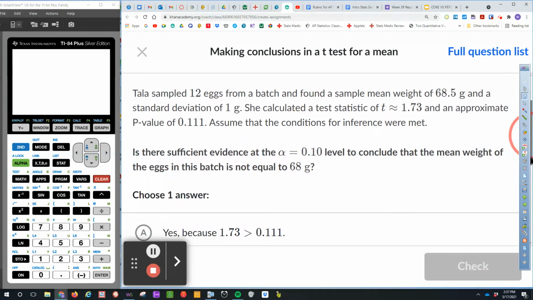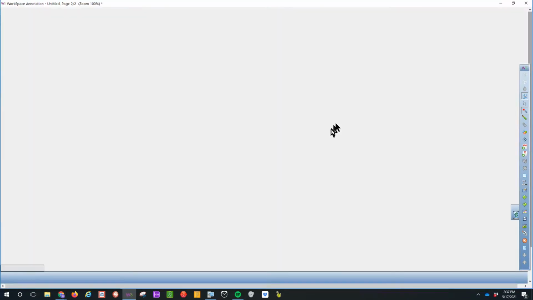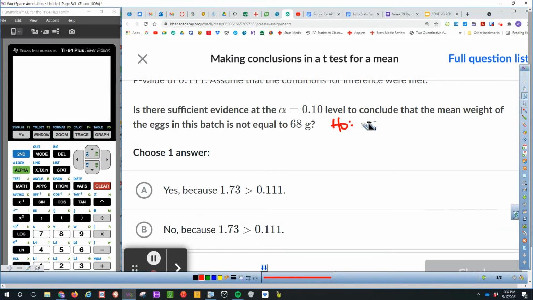So is there sufficient evidence? Here, again, the H naught is that the mean equals 68 grams. The alternative hypothesis is that it's not equal to 68 grams.